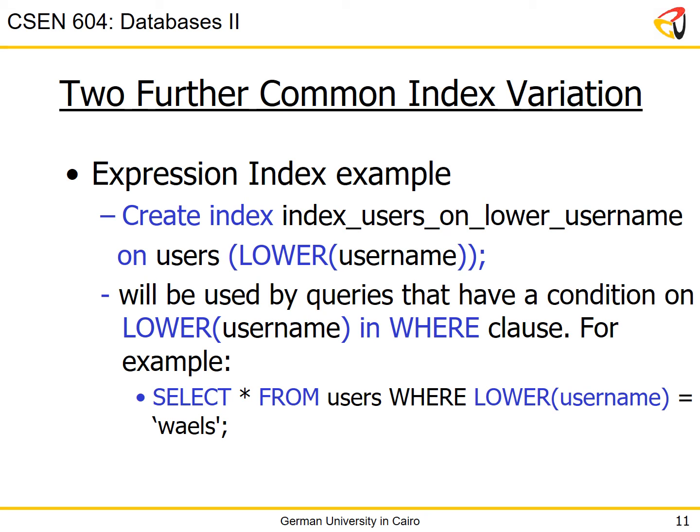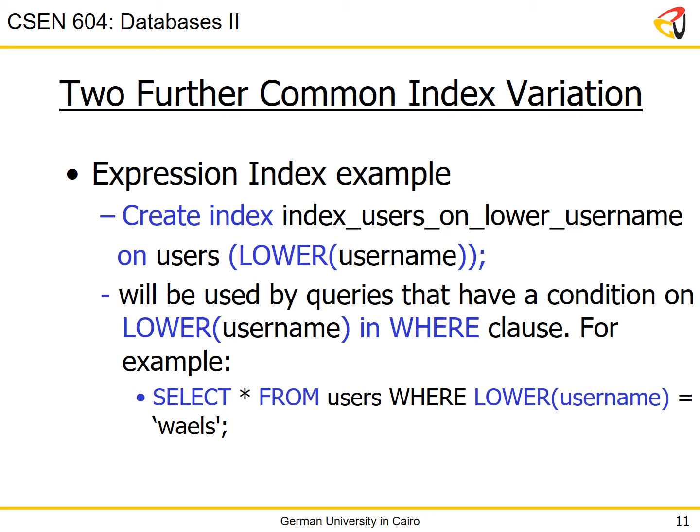Okay? Now, this is actually one part that students always get confused about. So let's go really slowly here. We need to understand what gets stored in the index. And to understand that, let's read the next point. It says it will be used, the index I mean, by queries that have a condition on lower(username).